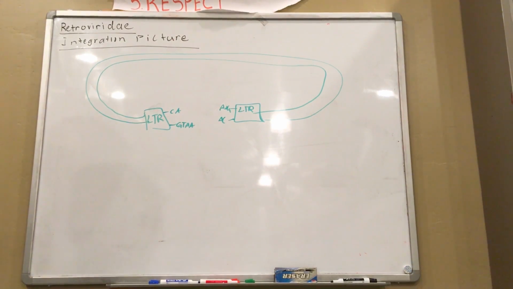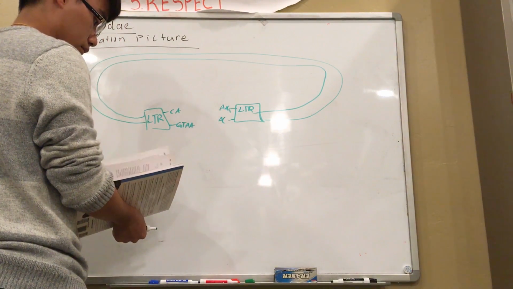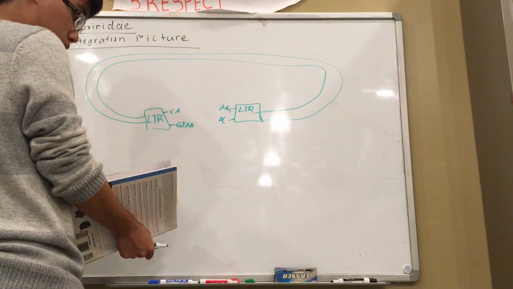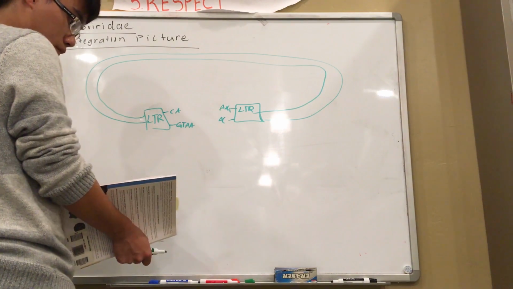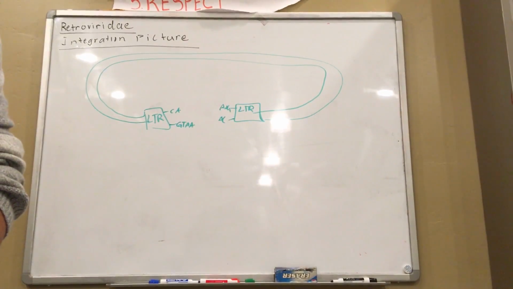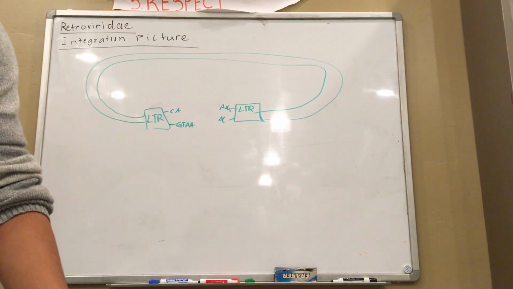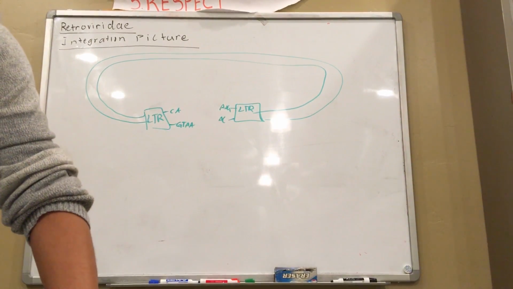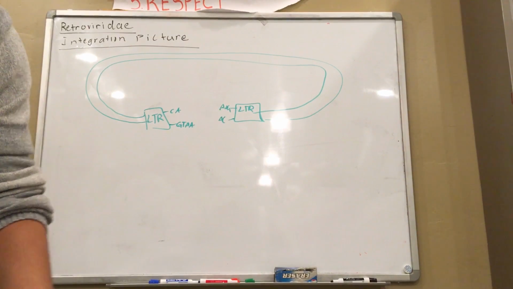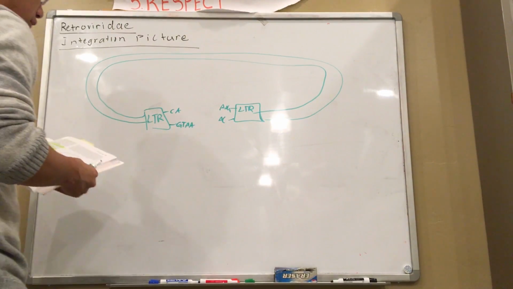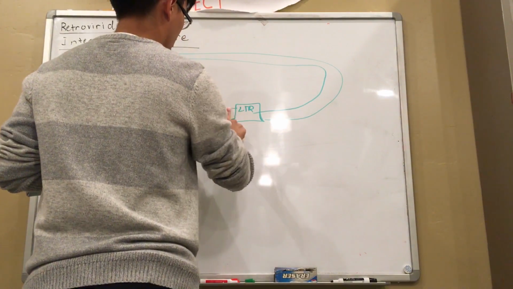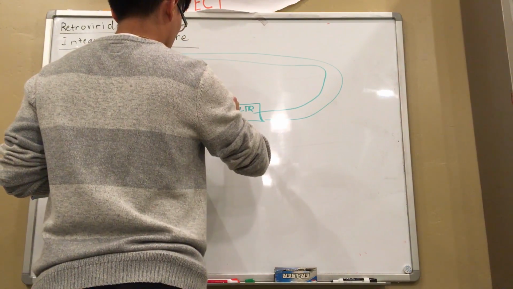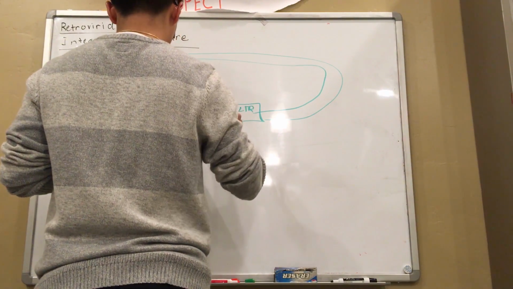Textbook. So again, you can always look at the picture in the textbook if you want to. I like it when someone walks me through the picture, so maybe some of you like that too.